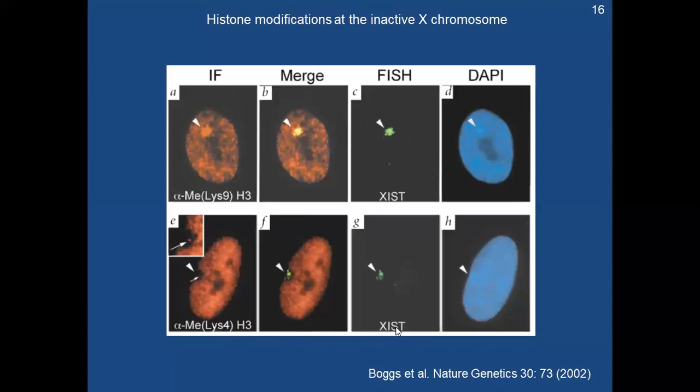Why? Because there is Xist there, which silences, and there isn't this activating modification, so the end result is silencing. Right, so we don't expect lysine 4 methylation in an inactive chromosome.